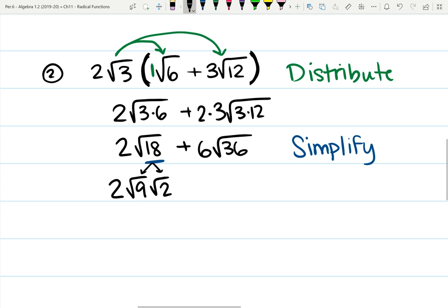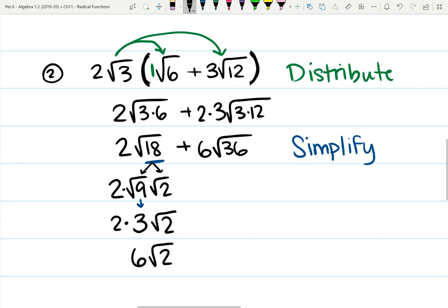We're multiplying that, right? So it's 2 times radical 9 times radical 2. Again, I can simplify this square root of 9. The square root of 9 is going to become a 3 with no radical. So I'm going to move my 2 down and my radical 2 down. And all together, this is 6 radical 2. 6 times the square root of 2.